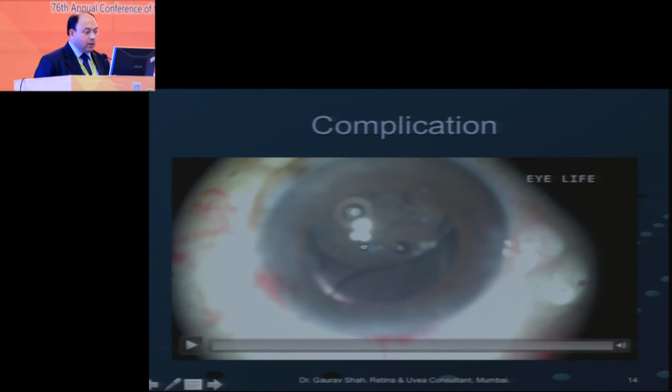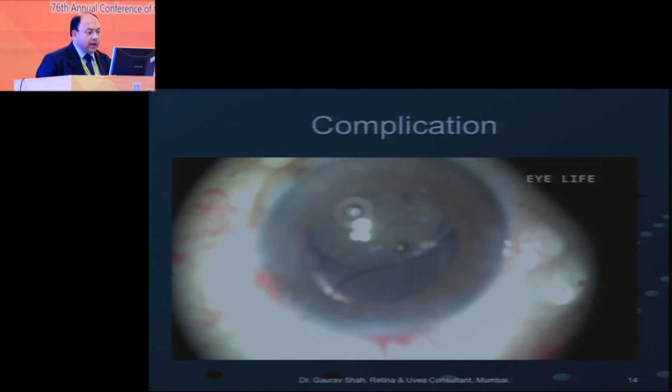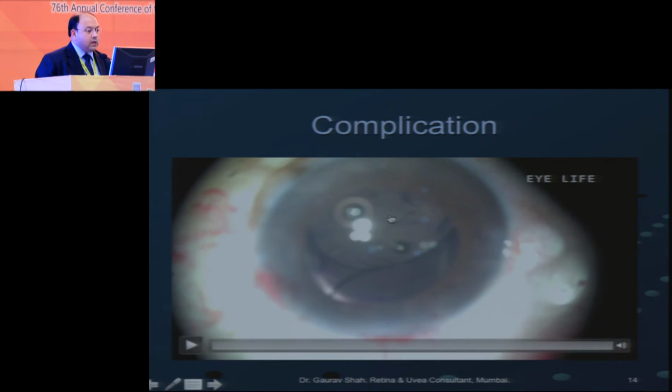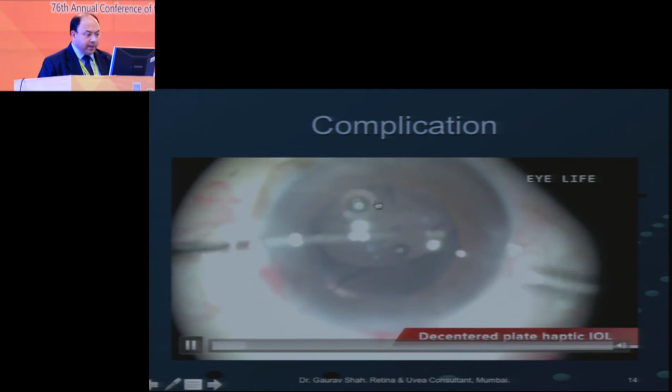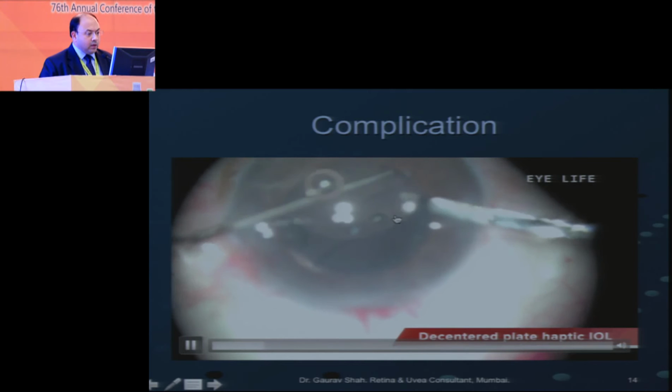Let's see this case. It was a plate haptic intraocular lens, and the intraocular lens was tilting according to the primary surgeon. So this is a decentered plate haptic IOL which we are seeing.